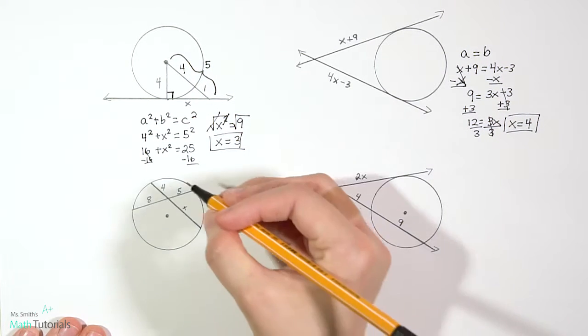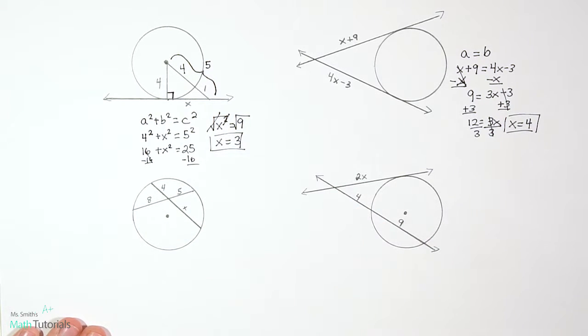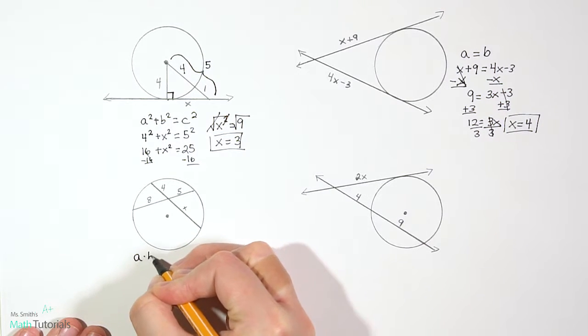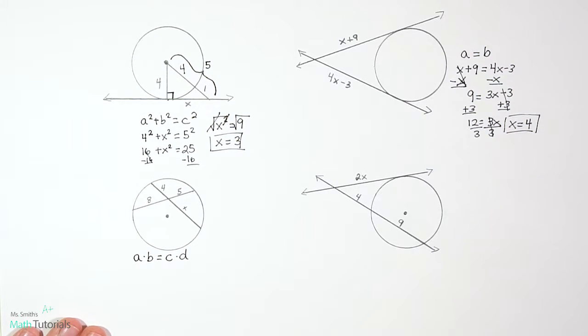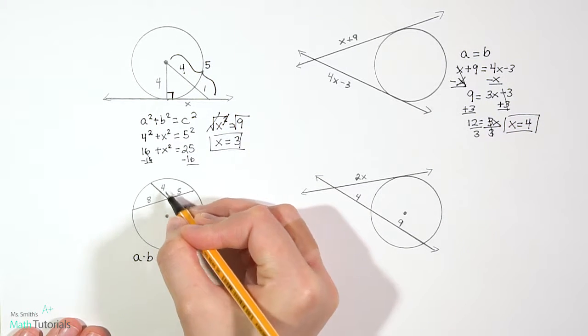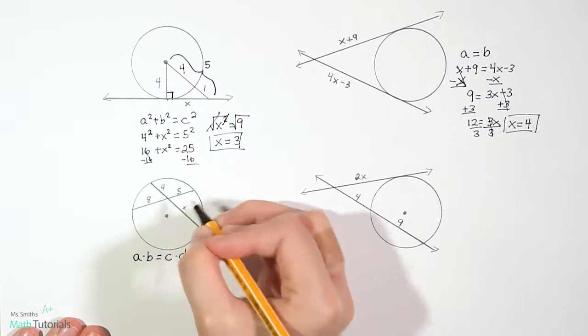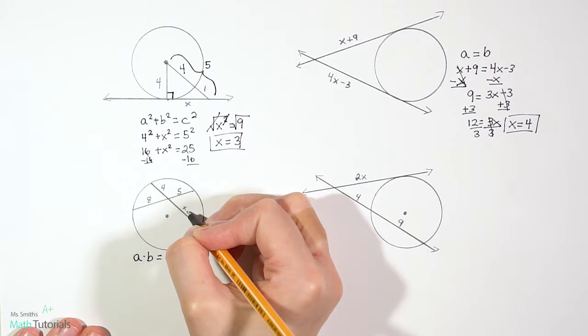Okay, in this next example, notice that I've got 2 chords. My rule for 2 chords is A times B equals C times D. So that means I can take 2 of my sides, so 4 times x, we'll call that A and B, and it really doesn't matter as long as you're picking on the same chord, right?